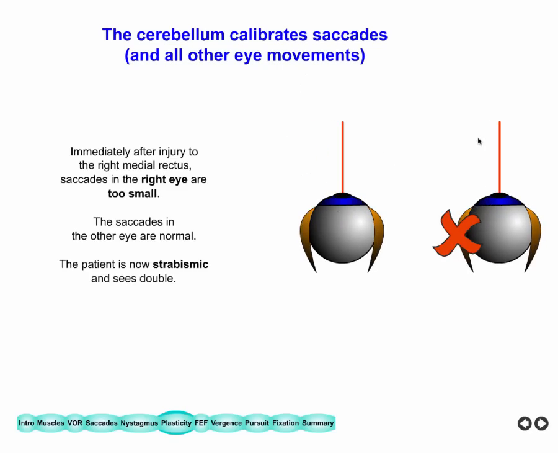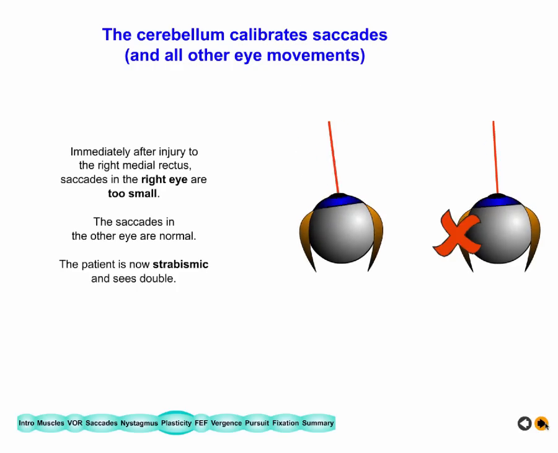Were that to happen, you'd see double. Okay? One eye would be pointing there, the other eye would be pointing there, and the two images would be different on the eyes. And so a patient that has that problem, seeing double, is called strabismic because of this problem in this muscle, or maybe some other motor neuron going to this muscle, or some other problem.